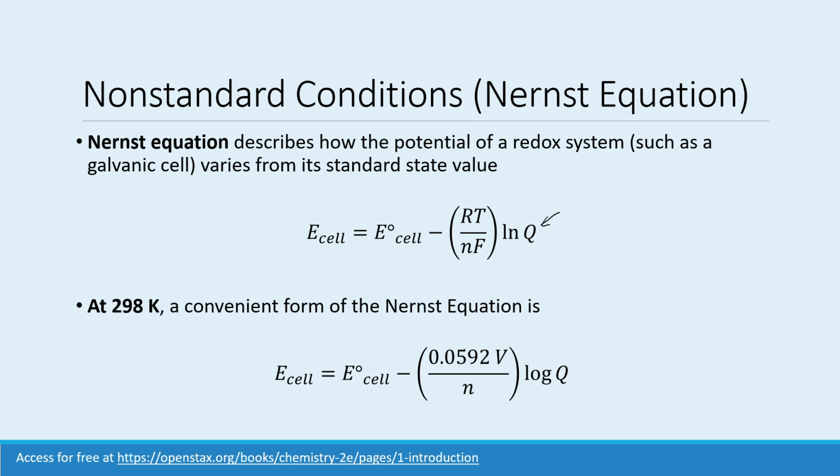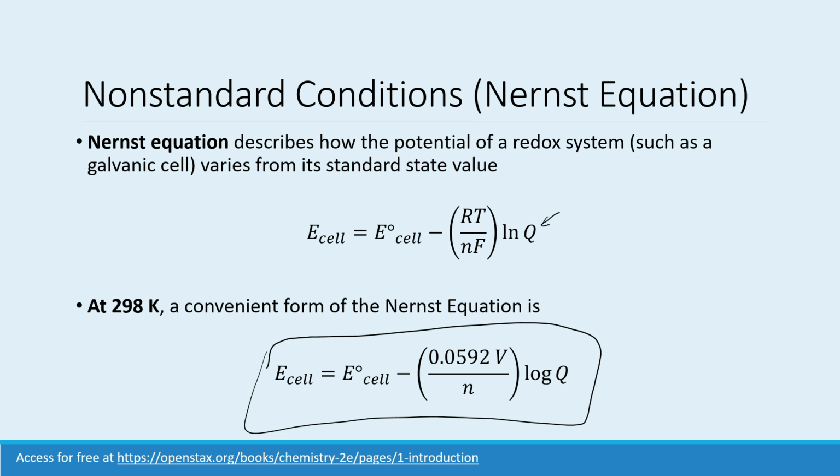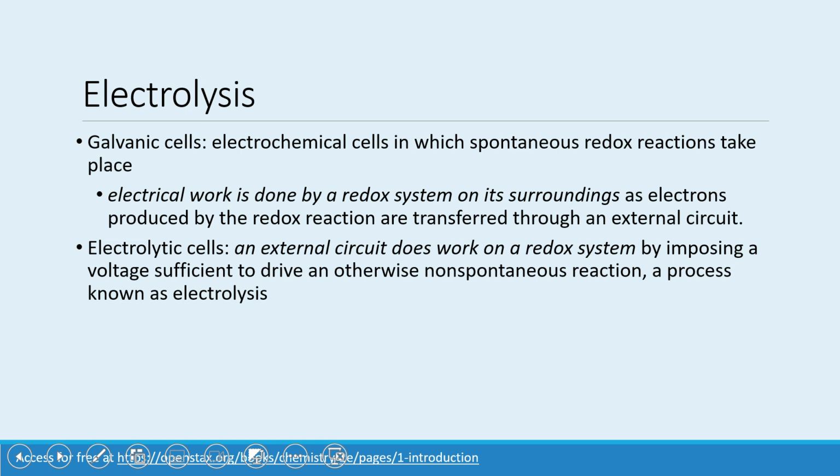And at room temperature, so if we're at 298 Kelvin, which we often are, there is a convenient way to write the Nernst equation where we combine the gas law constant, the temperature at 298 Kelvin, and Faraday's constant, and then we relate that from natural log to the logarithm equation, and so we get this simplified value where all we have to know is the moles of the electrons N and the reaction quotient Q, which means that we will have to know the concentrations of the reactants and the products.